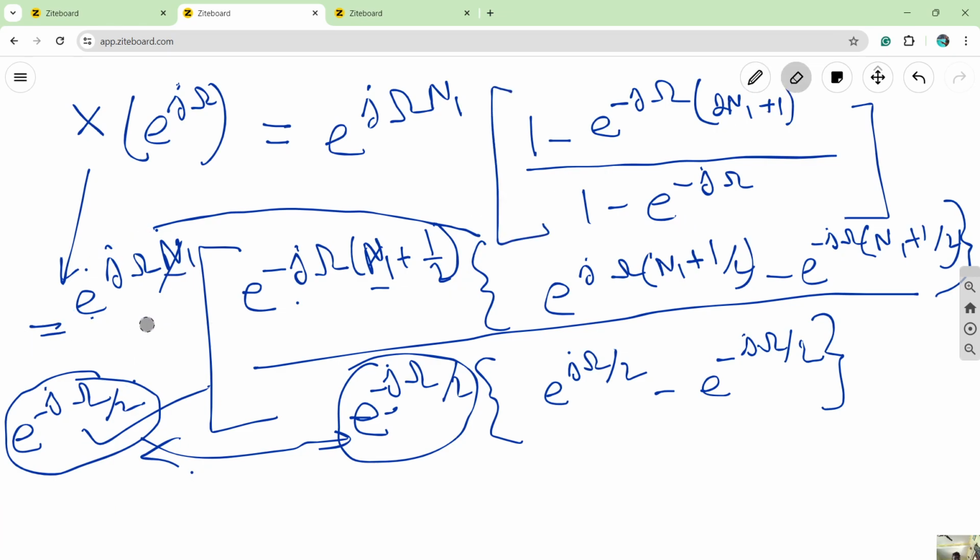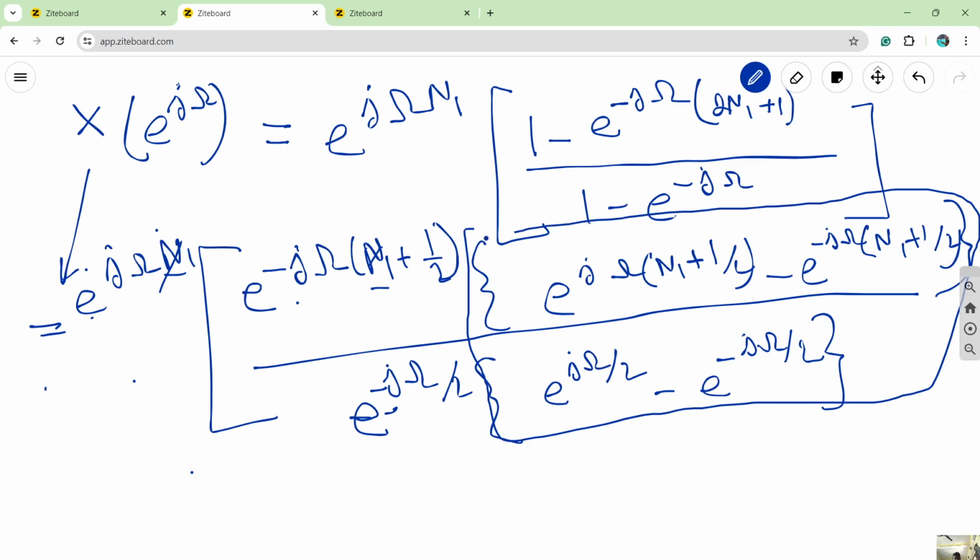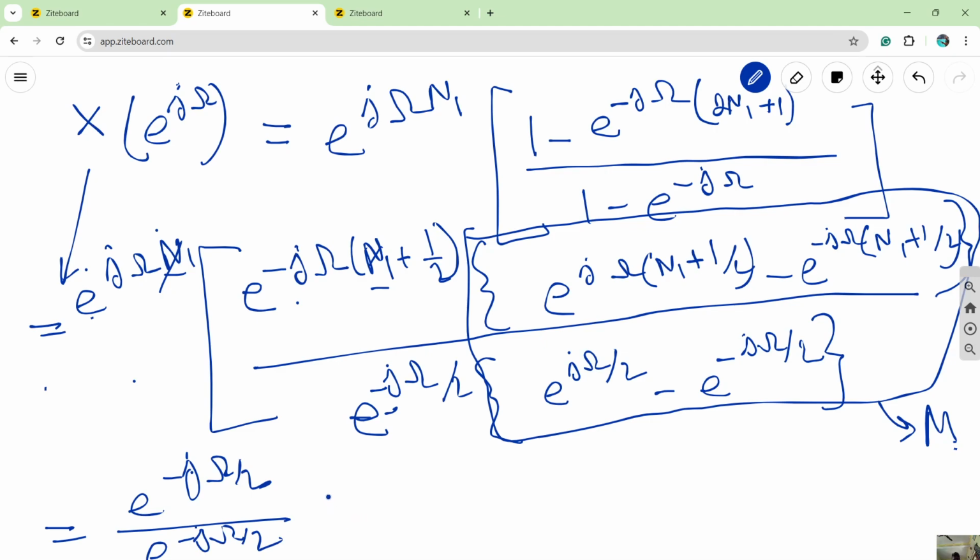So for simplicity, just let me write it once. So basically, if I take this whole term as variable big M, it becomes e to the power minus j omega by 2 by e to the power minus j omega by 2 into M, and these two cancel out, so it becomes M. So this is the term that remains.